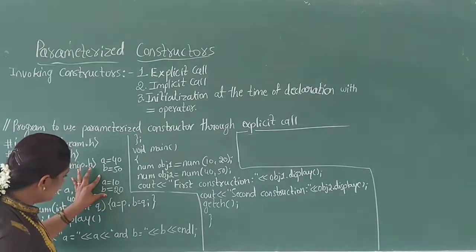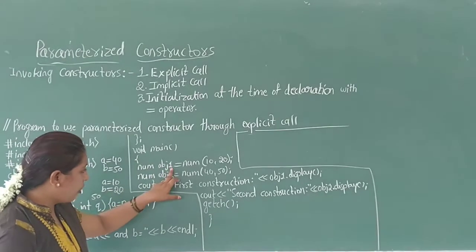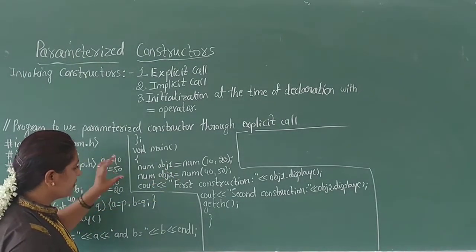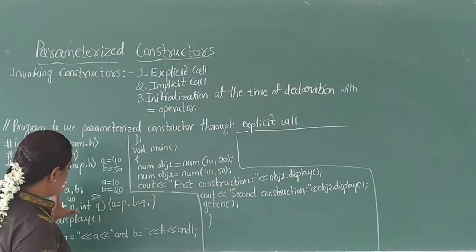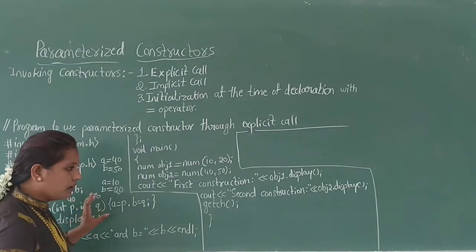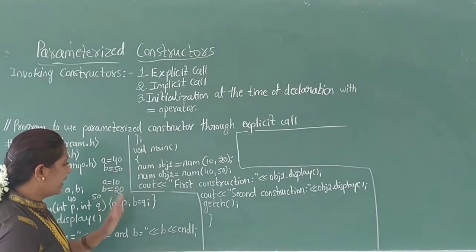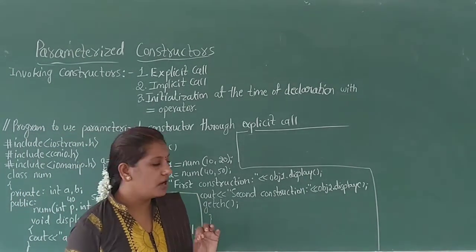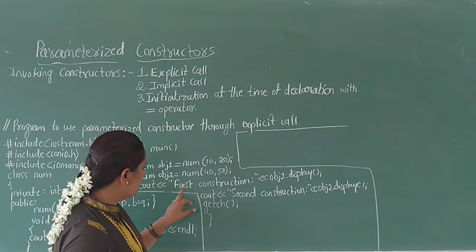A is 10 and B is 20 for object 1; A is 40 and B is 50 for object 2. The parameterized constructor is invoked twice using two objects, with different values initialized in the different objects.